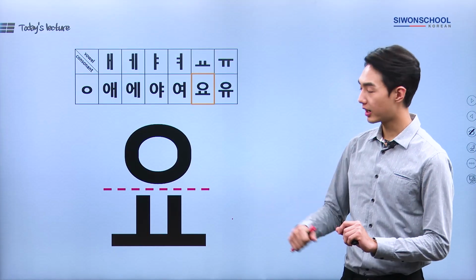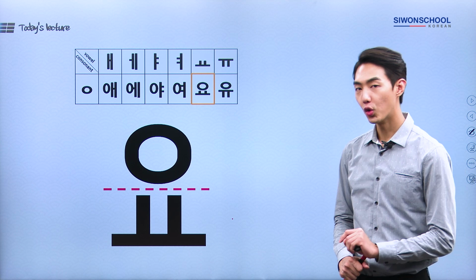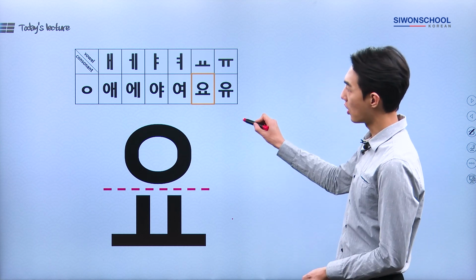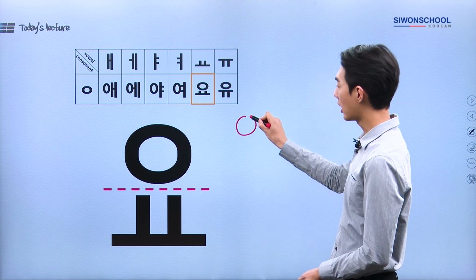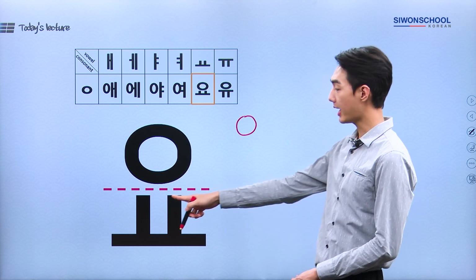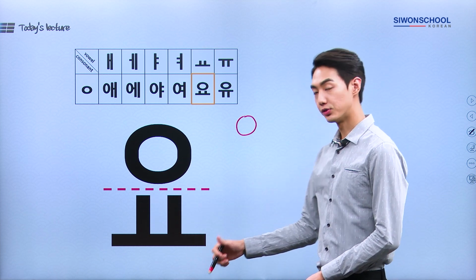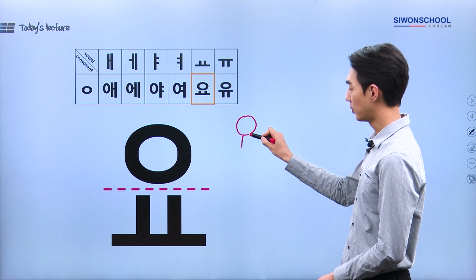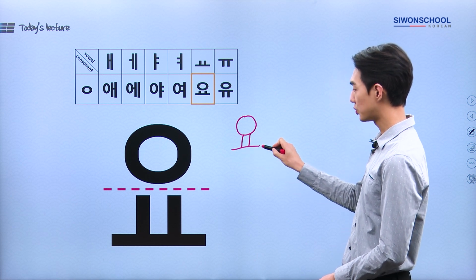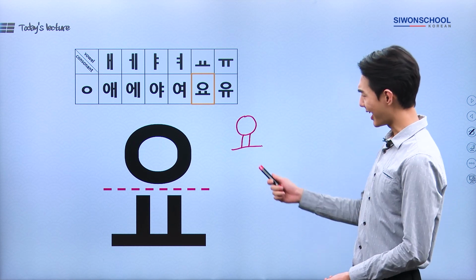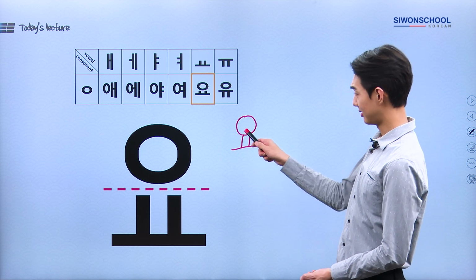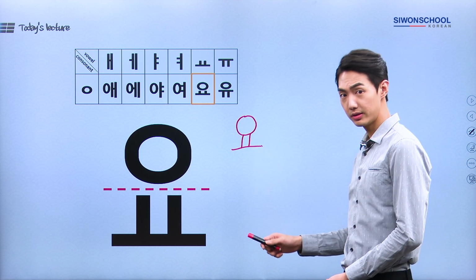So, next letter, it's 요. So, remember consonant first, and then left to right first. So, yo. It looks like an alien, no? It's like a little head and a leg and a little bit. No?